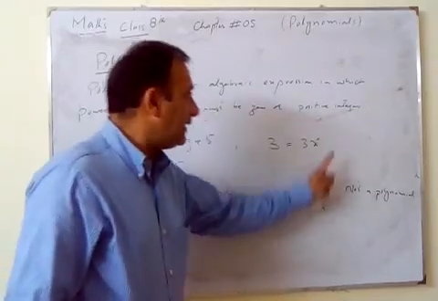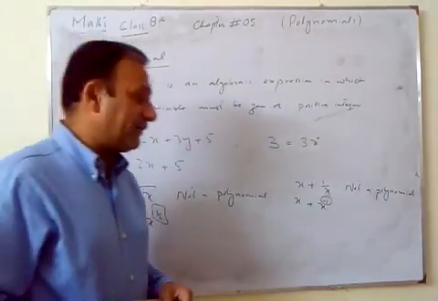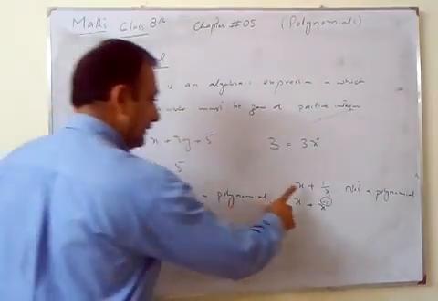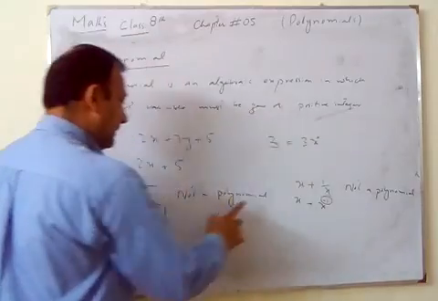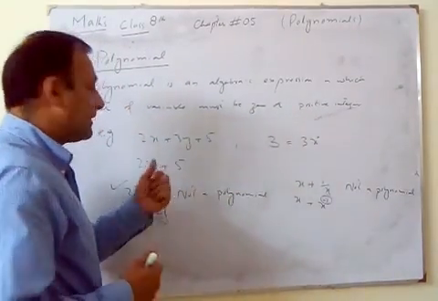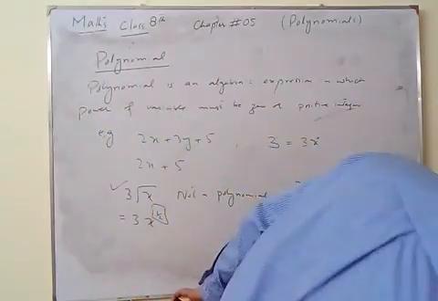When the power is minus 1, it is not a positive integer. It is a negative integer. So this is an example of not a polynomial. This is also an example of not a polynomial, and these three are the examples of polynomials.